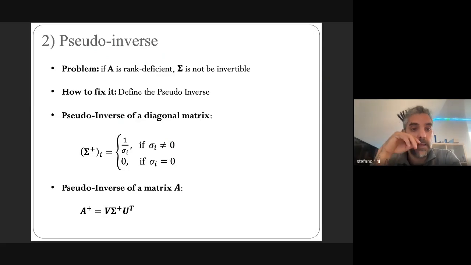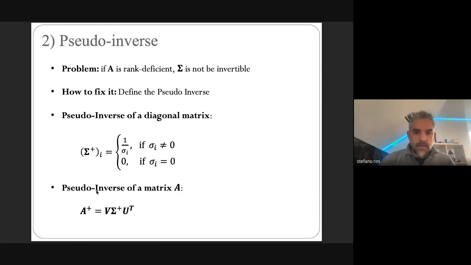Pseudo inverse. The problem is that if A is rank deficient, then sigma is not invertible. So how do you fix this? We go to the pseudo inverse. We take this matrix where we take the inverse of the singular values if they are different from 0, but if a singular value is equal to 0, then we set the entry to be exactly 0.